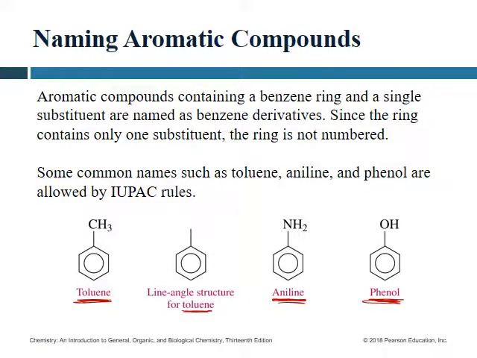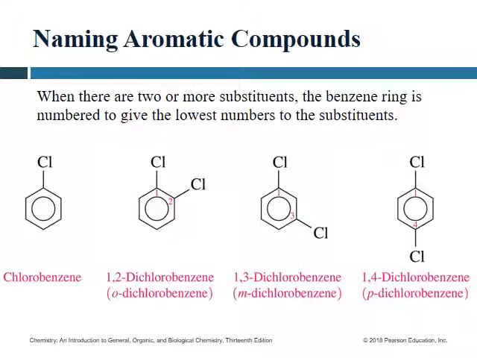Okay. So if we were to name an aromatic compound like this, the first compound, what does this have? This is a benzene and it has a chloro group. It consists of a benzene, and it has one substituent which is chloro. So what would the name be?